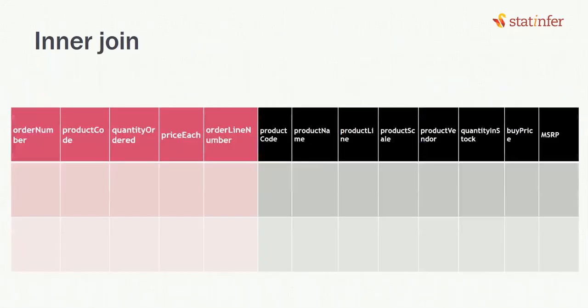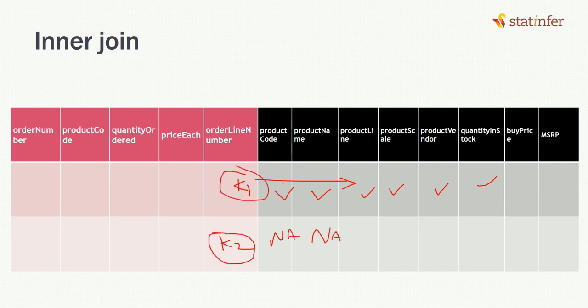Inner join means only matching records will be found. So till now, let's say it is a left outer join and there is a key, K1. If it is found in this table, then it will be populated, because this is a left outer join. If K1 is found, it is populated. Let's say there is a key K2; if it is not found, it is left as NA. Both are there, because they are from the left hand side table.